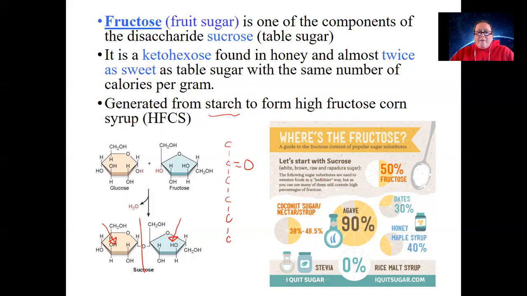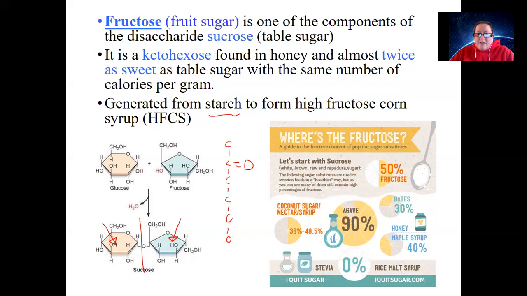So sometimes people are looking at alternatives to eating sucrose, and the idea of high fructose corn syrup has been a buzzword lately. People have linked it to poor health, and there are lots of studies that support this.